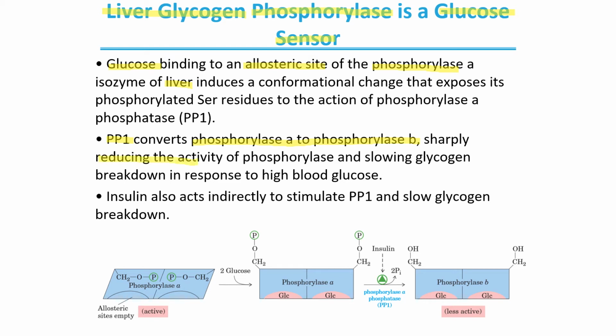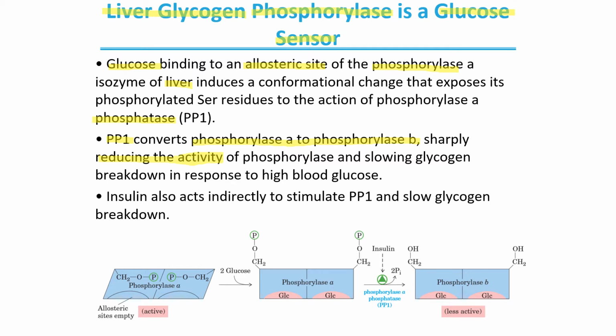In simple words, it is going to inactivate the enzyme. So glucose is the allosteric inhibitor which causes the inactivation of phosphorylase A when its concentrations are too high, and this is done indirectly, you can say, with the help of the phosphatase enzyme. And what the phosphatase does is remove the phosphate from it.